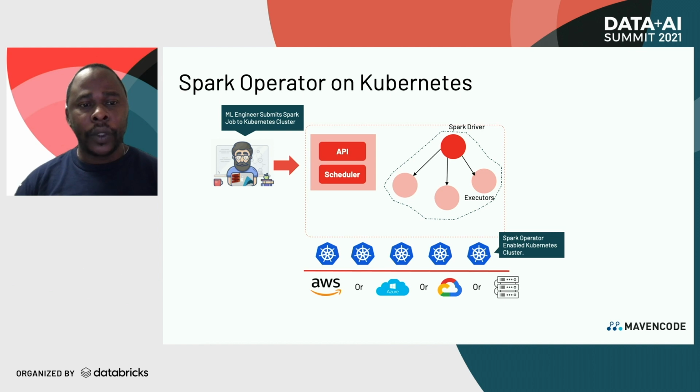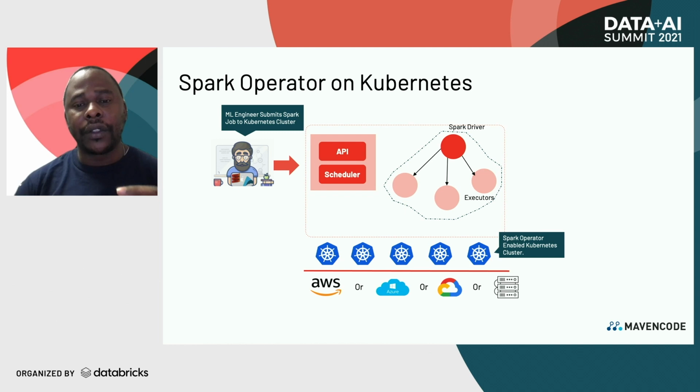So for you to deploy your job to the Kubernetes cluster, it looks kind of like this, where you come in there, you do a kubectl apply, you submit your jobs, and once you submit your job, you have your Spark driver running in a container, and you have your executors running in their own containers as well, and everything is all coordinated because you're using the Spark operator, and all of this runs containerized on Kubernetes.